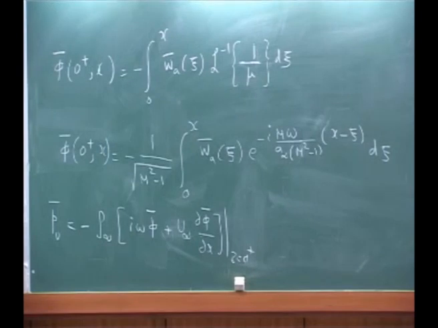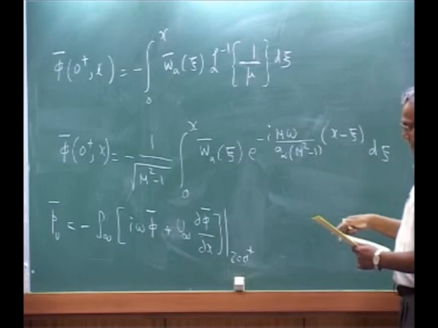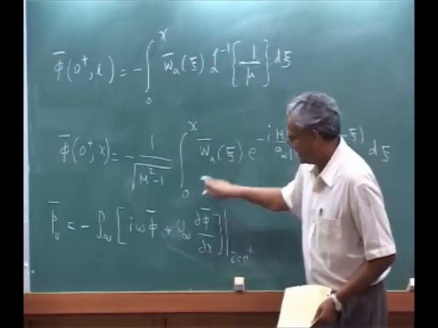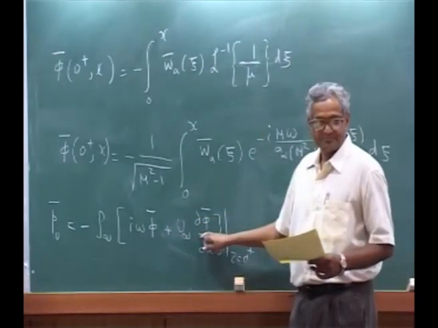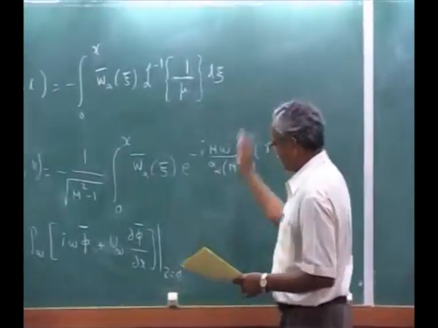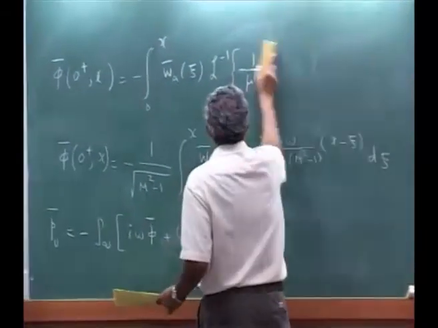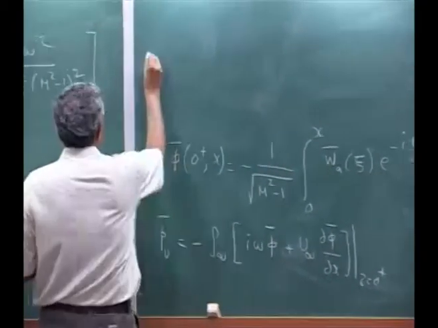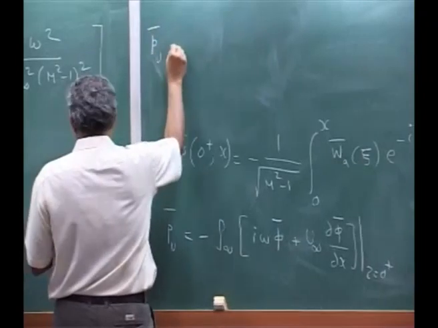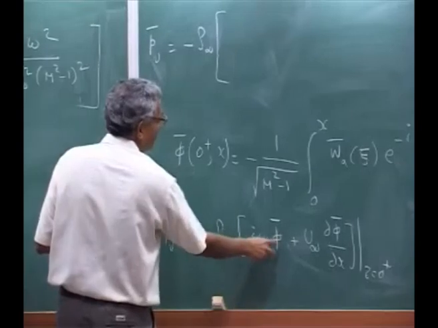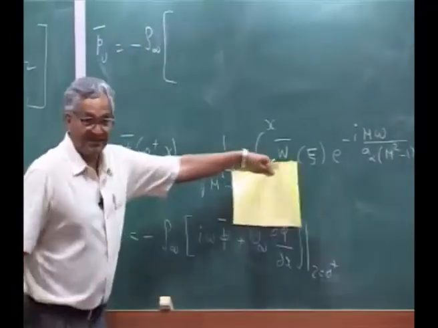I am just writing the expression for you, that is, I am substituting phi bar here. Maybe I will write here so that I can go full, then we will erase that part. That is P bar minus rho infinity I omega phi bar is here.